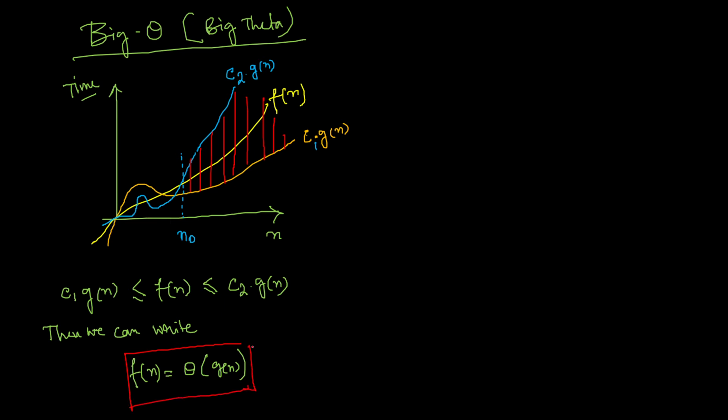So this is what we call asymptotic tight bound. First we had lower bound, then we have upper bound, and this tight bound is actually a mixture of lower and upper bound. But for the same class of function g(n); remember, the class of function has not changed. Am I clear?